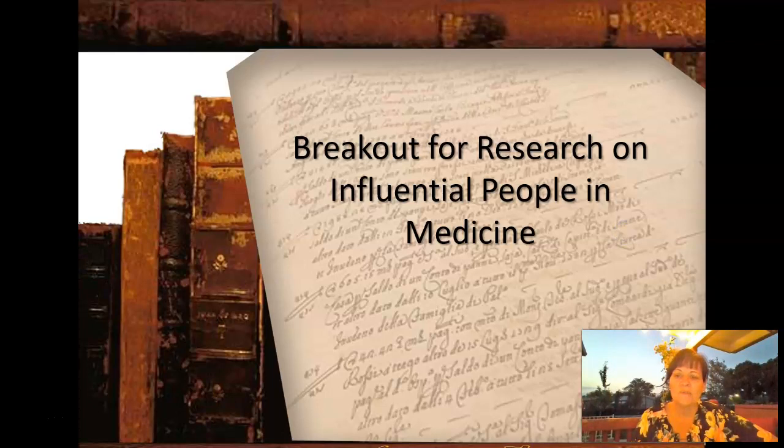So we're going to stop here because from here we're going to be talking about influential people in medicine. You onliners at home, I'm going to figure out the best way to do this. In class, the students are making a poster. We're going to assign you somebody to do a poster on, okay?